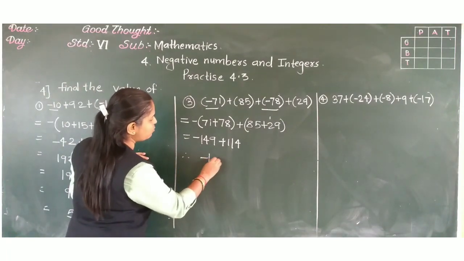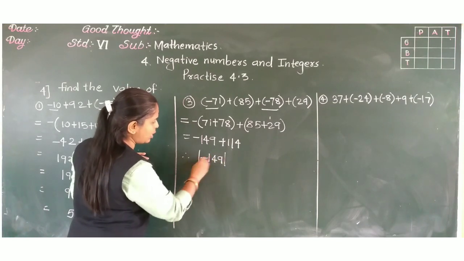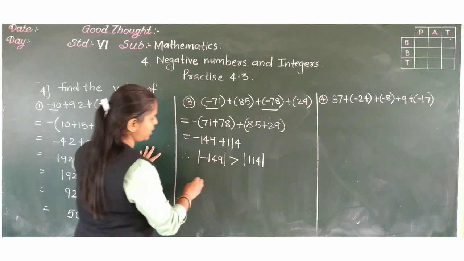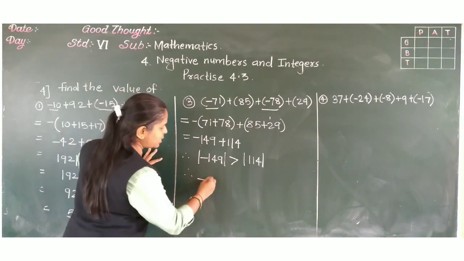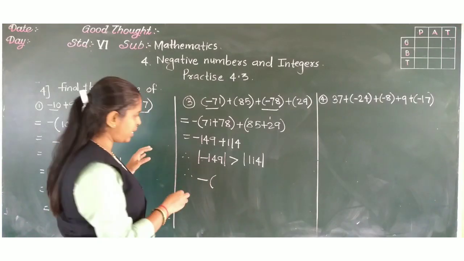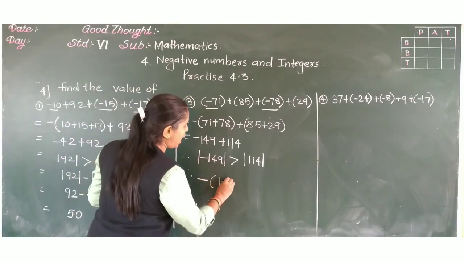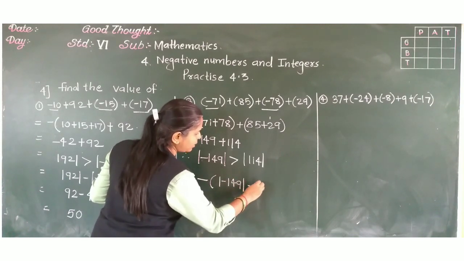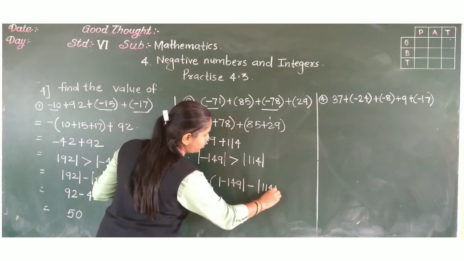Therefore, our answer will be negative. So negative sign right outside and subtract the absolute values. Okay. Minus absolute value of 114.